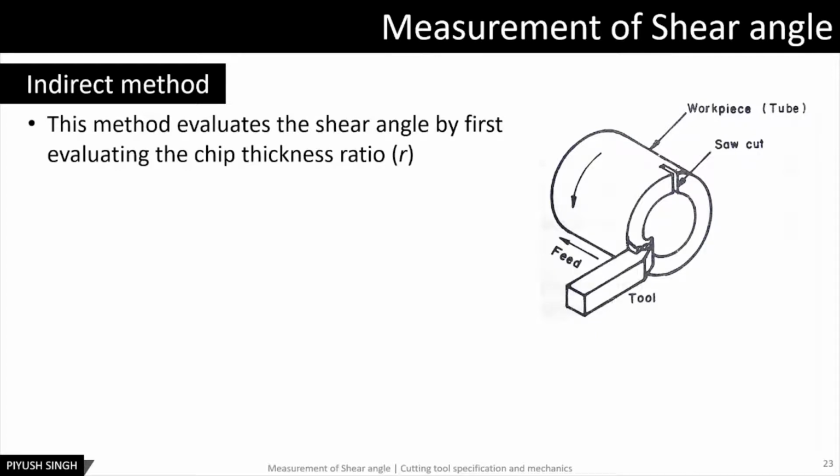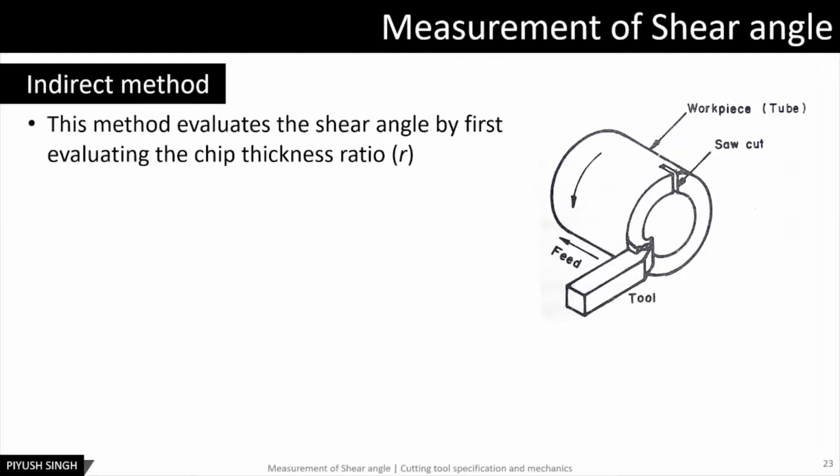In this figure we have a cylindrical tube. Usually the turning operation is a complex oblique cutting operation, but here this cutting operation has been modified to become an orthogonal cutting operation. So what is done here?